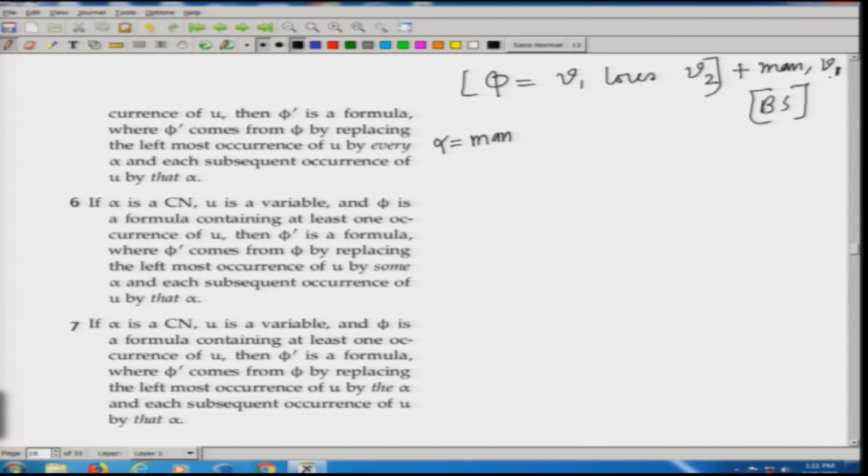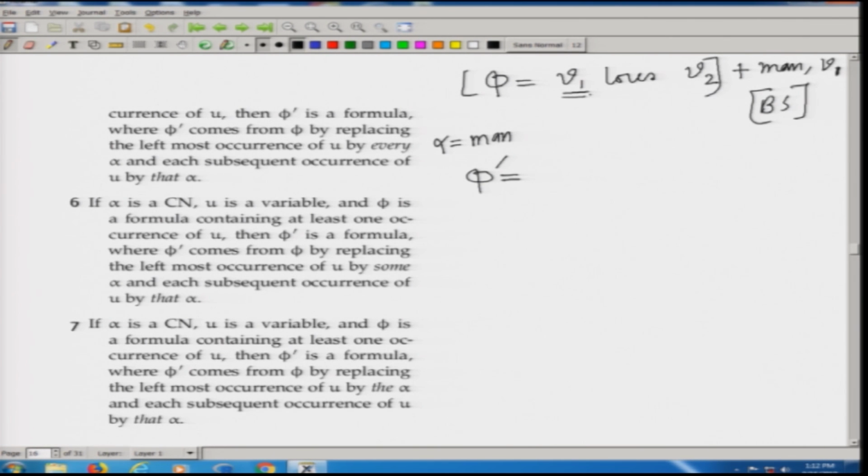This is the notation we are going to use for convenience by following B5. What we get is then phi prime, which is nothing but, V1, this is the first occurrence of V1, the leftmost occurrence.